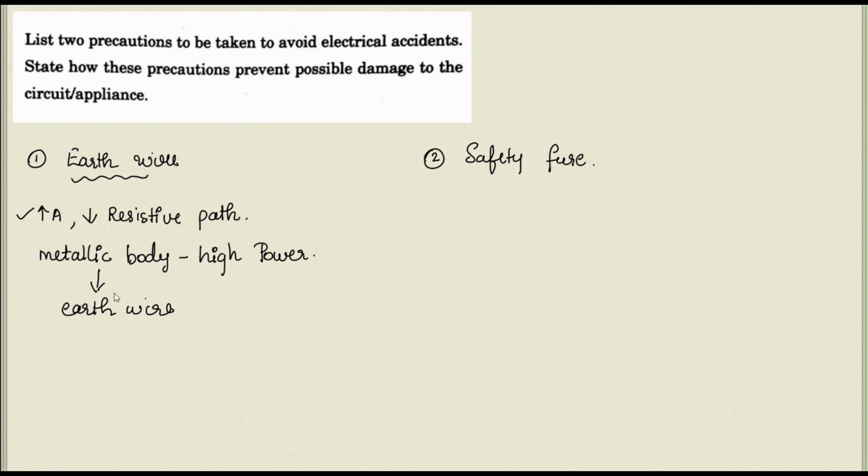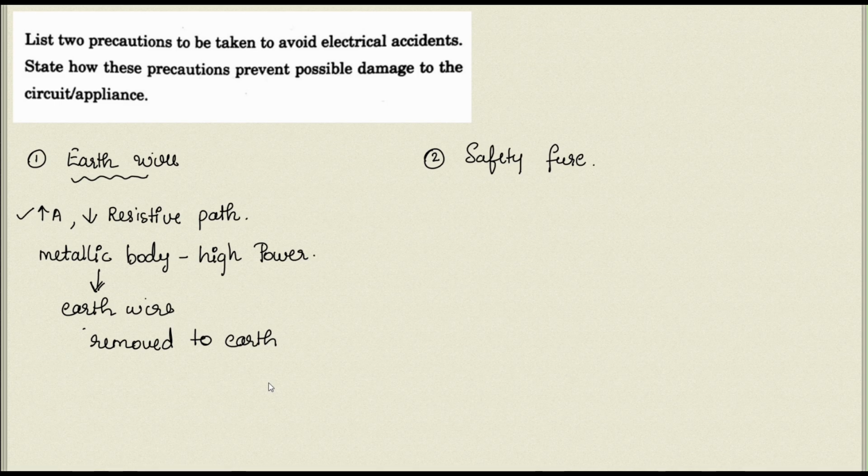So if any leakage happened in that particular device, any electric charges developed in the metallic body, those charges will be removed to the earth through this earth wire. Now, earth is like a ground state.